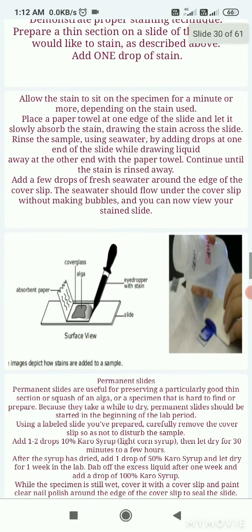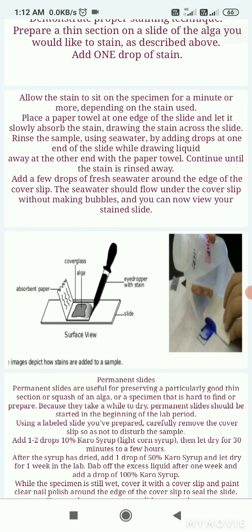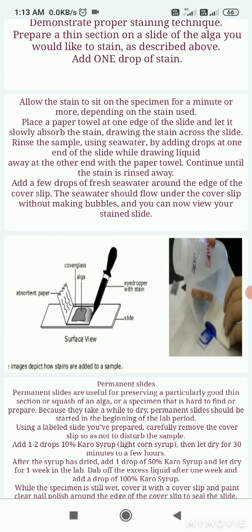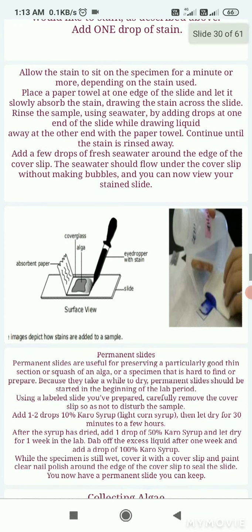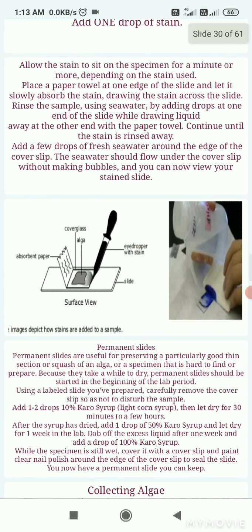In this way we draw the liquid away from the slide with the help of blotting paper or paper towel. Continue this procedure until the extra water is rinsed away from the outer sides of the slide, and then add a few drops of water around the edge of the cover slip, and it should flow under the cover slip without making any air bubbles, and you can now view your stained slide under the microscope.